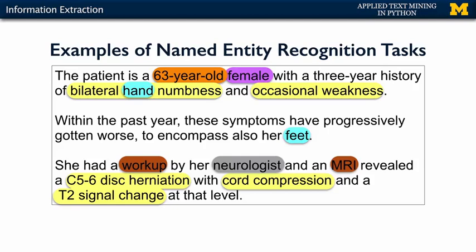So for example, nobody said that patient is not a valid entity in this role. It could be. It very well could be. If neurologist is a valid entity, patient could be a valid entity. And that's a decision that has to be made when you're defining this named entity task. But suppose you have these goals, then you know that you have not only identified the boundary, but also colored it in some way, tagged it to say what is the type of this named entity that you have identified.